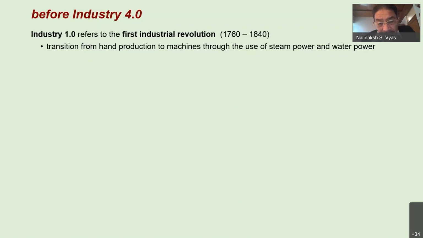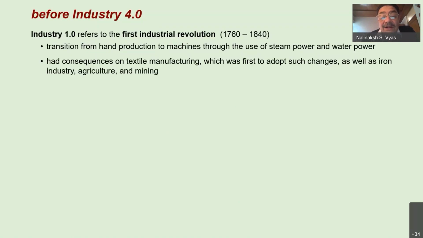where India was still in a very feudal state of existence, while Europe underwent the first industrial revolution through the invention of steam power.